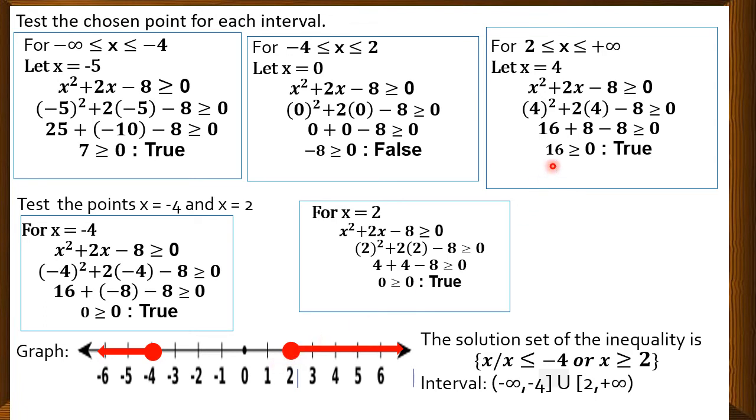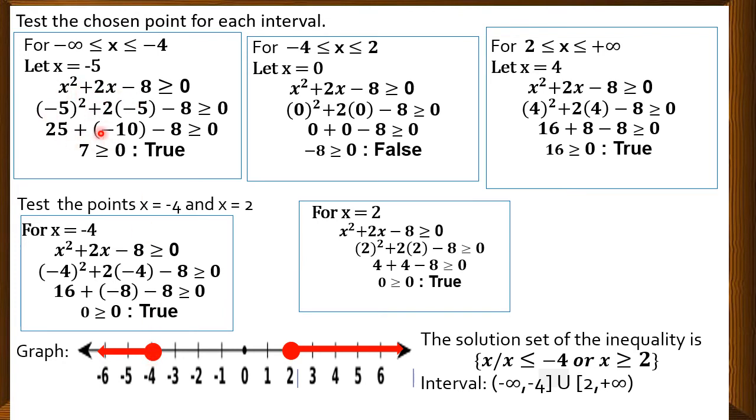And since for this interval we have a true inequality, that is why we have a shaded ray going to this point. And this one here at -4 is also part of the solution. That's why we have here a solid circle.